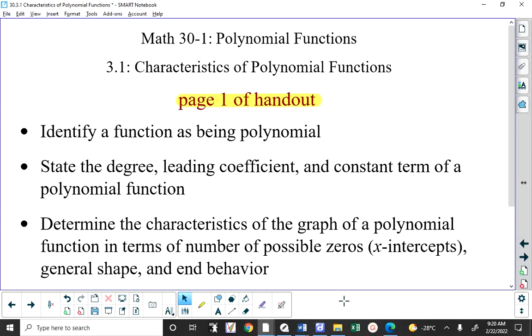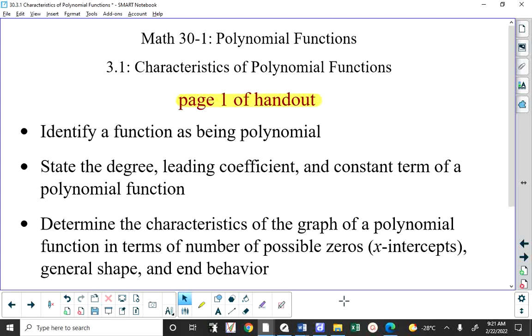I mean you have to be able to identify the degree, and then you have to be able to tell me what it tells us about the graph. The same with what's called the leading coefficient and also the constant term. And basically, putting all of that together, you should be able to tell me something about the graph of a polynomial function in terms of numbers of x-intercepts for each function.